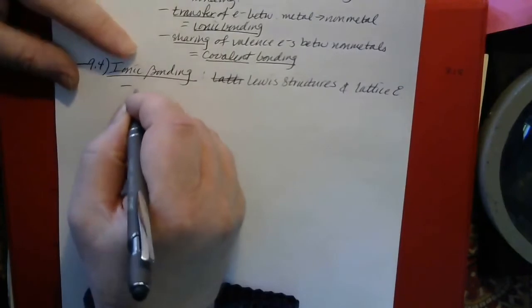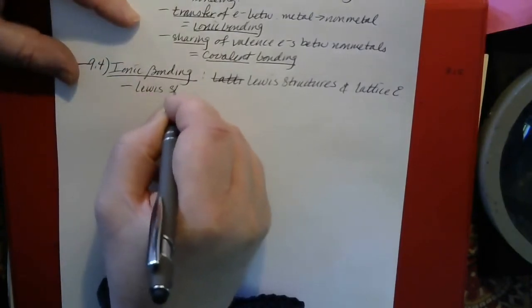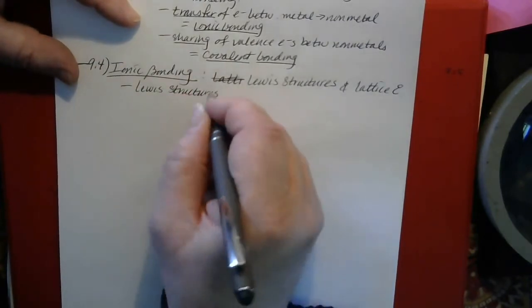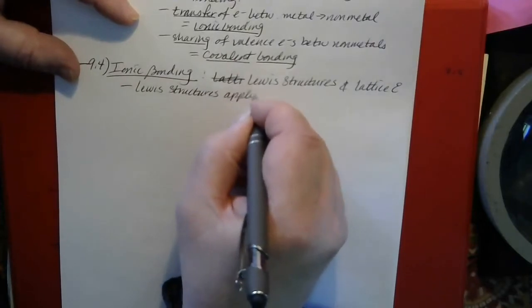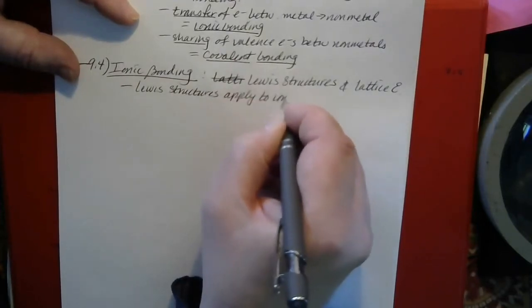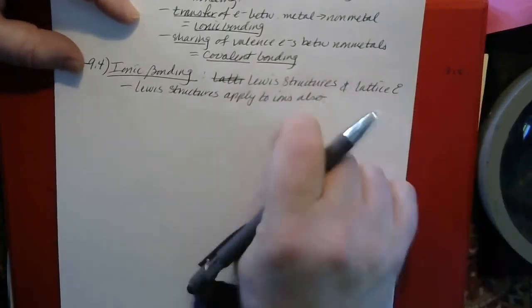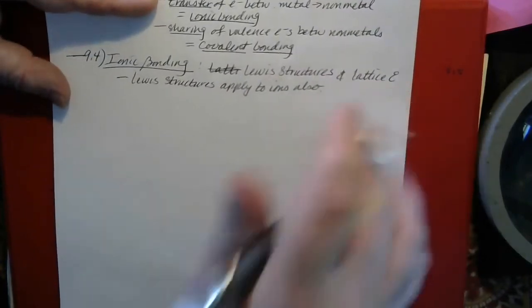And Lewis structures can be applied to ions also. Or Lewis symbols, technically. And because they show you why basically certain ions form with certain charges.